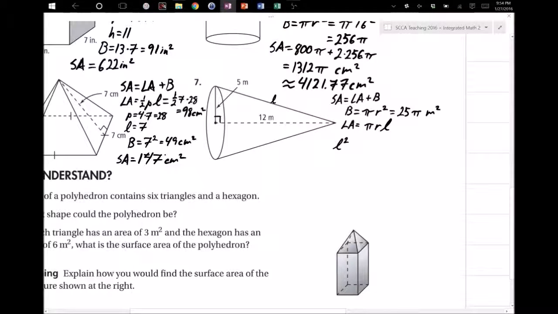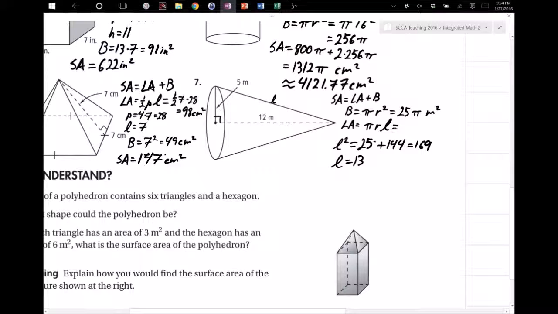But I can find l from the relationship. Since this is a right triangle, I can use the Pythagorean theorem, which says that the slant height squared is equal to this base squared plus this base squared. That's 144. That's 12 squared. And this is 25. 5 squared is 25. So I add those together, which is 169. So l is 13. So if I square 13, I get 169.